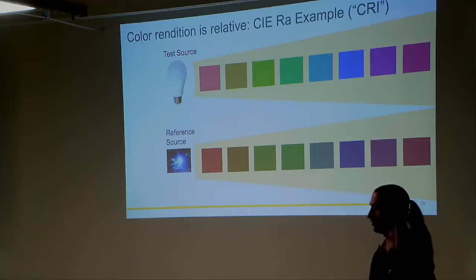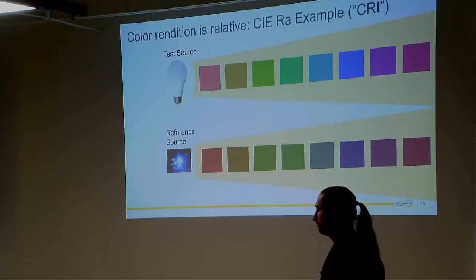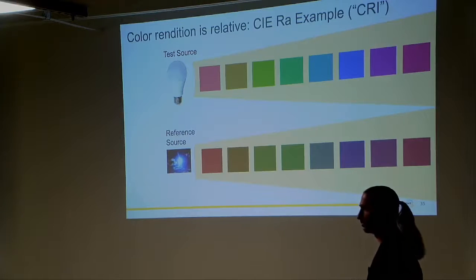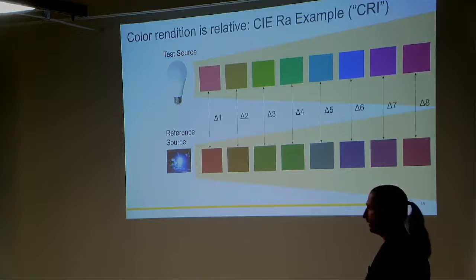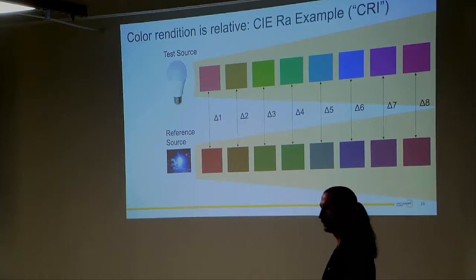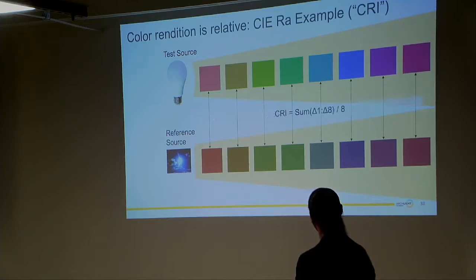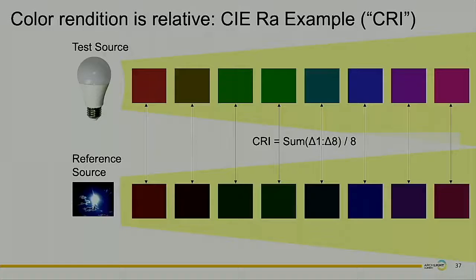And when you get higher up, you start using models of daylight. It's complicated, but a broadband light source at the same CCT is all we really need to understand. And what we do is we calculate the difference, the magnitude of difference between the test and the reference source. And then you average them together. 1 plus 2 plus 3, and then divided by 8.